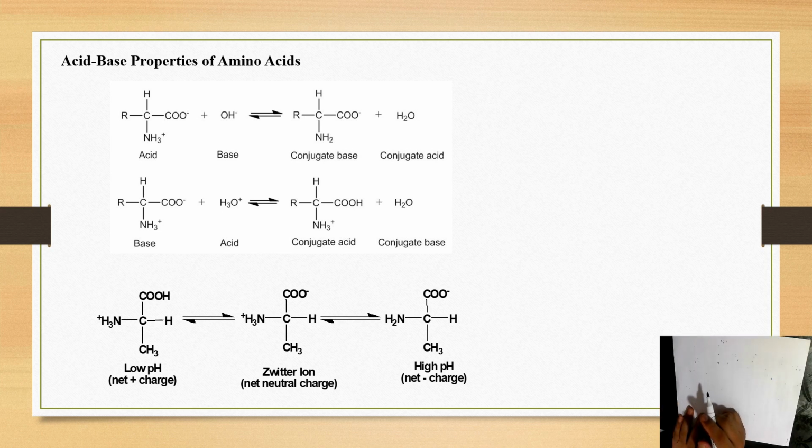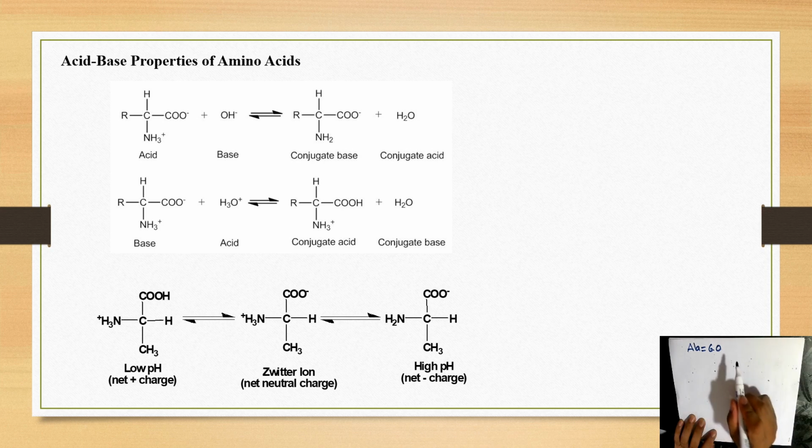How about if the pH is higher than its isoelectric point? Earlier, our case was the pH lower than its isoelectric point. This time, how about if the pH is higher? Remember that the isoelectric point of alanine is 6.0.